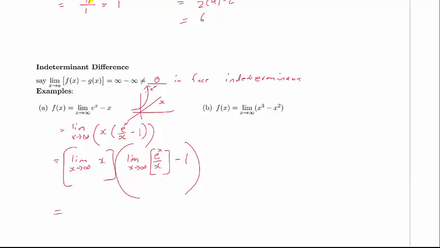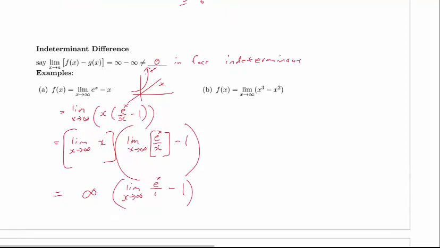On the left-hand side we've got an infinity hanging out here. And so we've got the limit as x goes to infinity. The derivative of the top is e to the x. The derivative of the bottom is 1. And so this is simply going to be infinity times infinity minus 1. Now if I take 1 off of infinity, I still have infinity, because by definition infinity cannot be counted.